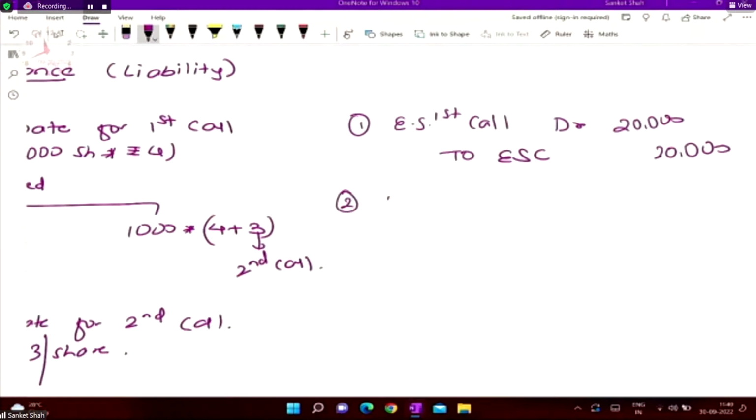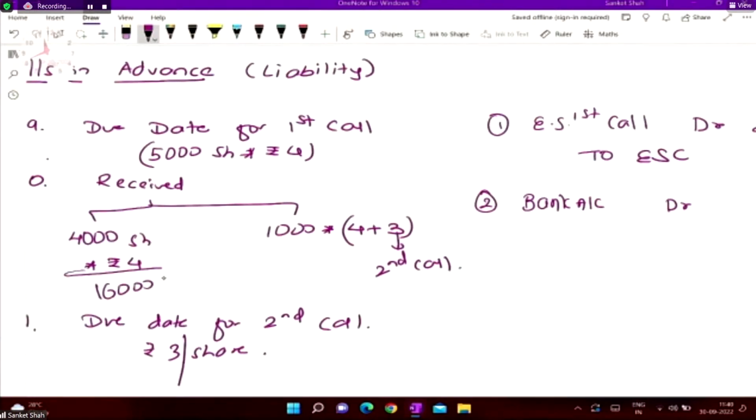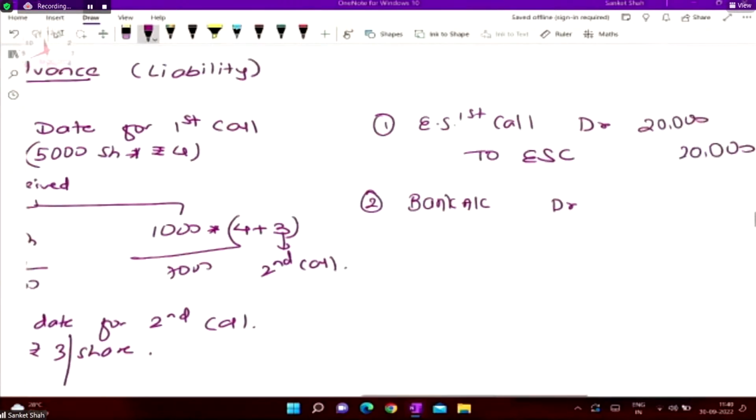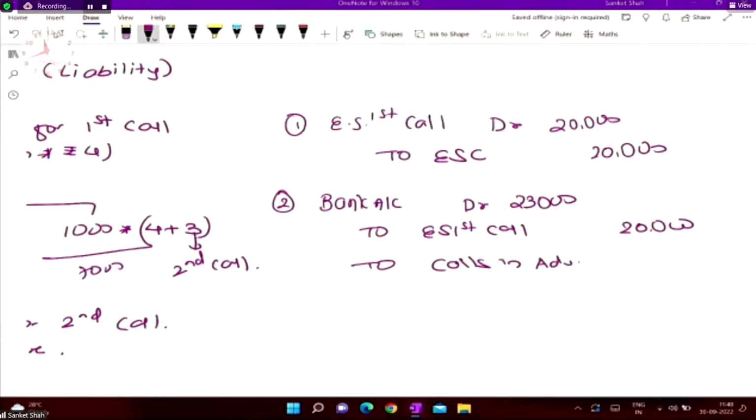Second entry, bank account debit, this is 16,000 and this is 3,000, total 23,000? To equity share first call, 20,000. To calls in advance, 3,000.